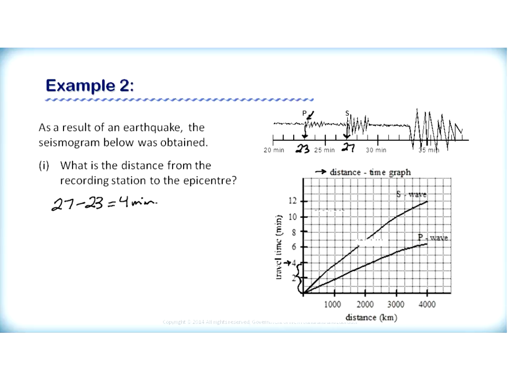So if we look at the arrival time between the P wave line and the arrival time of the S-wave line, we need the difference in arrival times as 4 minutes, which equals 4 blocks. So if we look here at 2,000 kilometers away from the earthquake, you notice that the difference in arrival time, or the distance between the two lines, will be 1, 2, about 3 blocks.